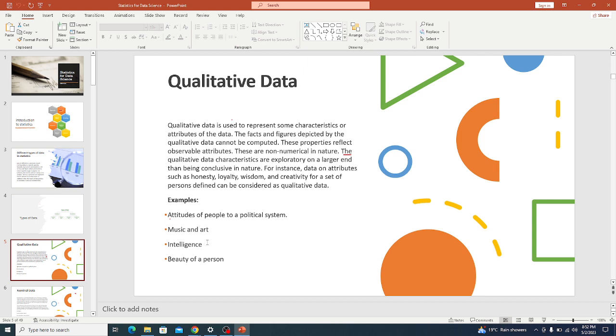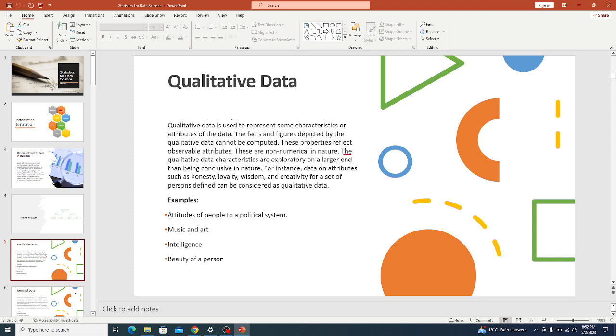For example, if I say the meal is so delicious, I'm not specifically using numerical values. That's why we usually say that qualitative data are non-numeric in nature.